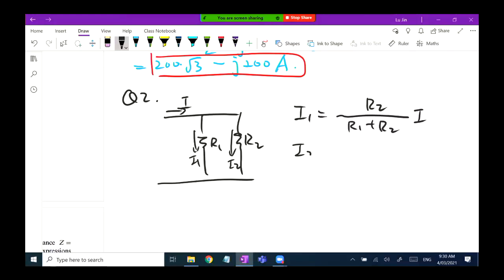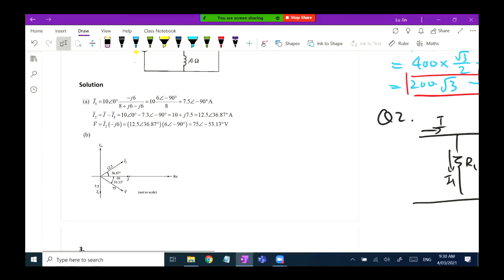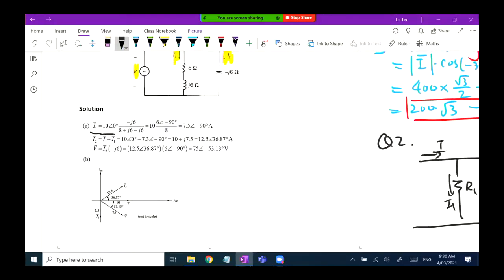If you want to write down I2, it's the same thing, R1 plus R2, times capital I, but on top this time, you put R1. This is the current division rule used in parallel block analysis. I'm using a DC circuit as an example. In an AC circuit, this rule remains true. So for this question, the solution is using current division to determine I1.